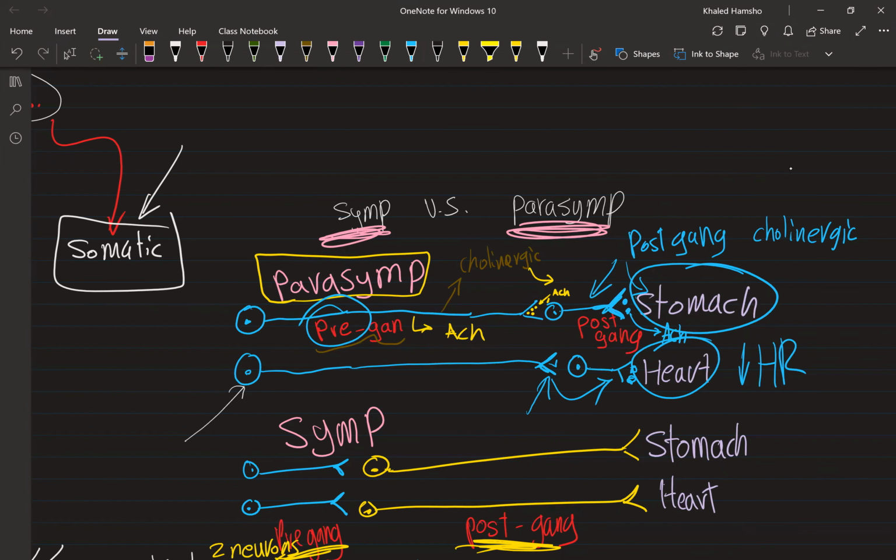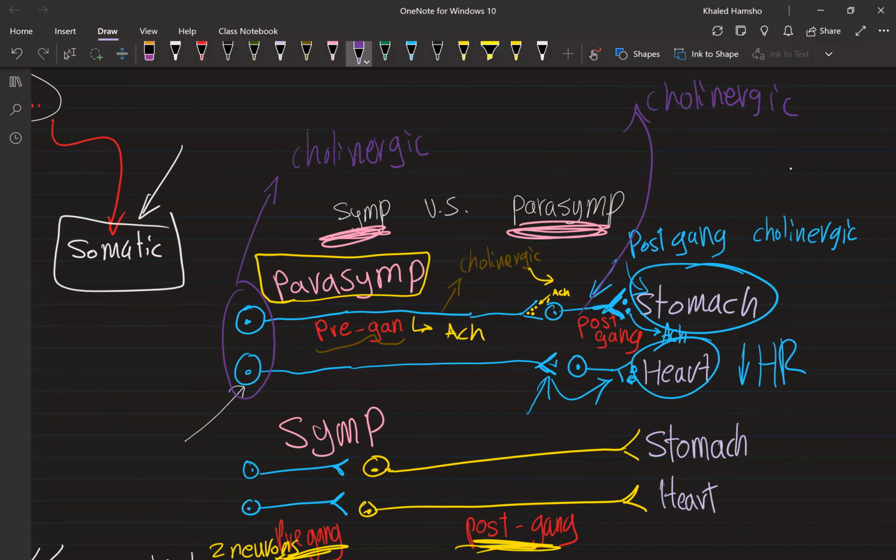What's special about the parasympathetic nervous system is that the preganglionic neuron is cholinergic, meaning it uses acetylcholine, and the postganglionic neuron is also cholinergic, and also uses acetylcholine.